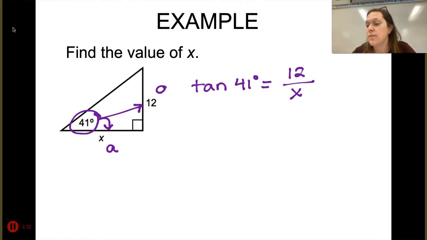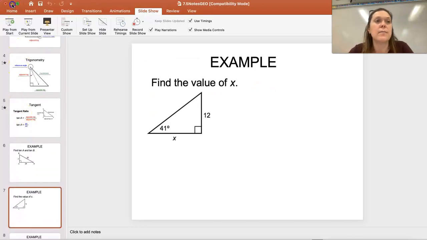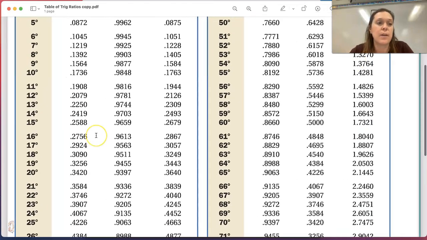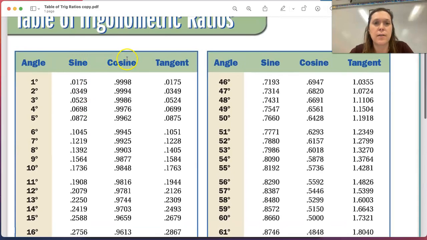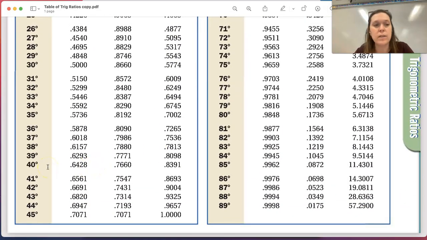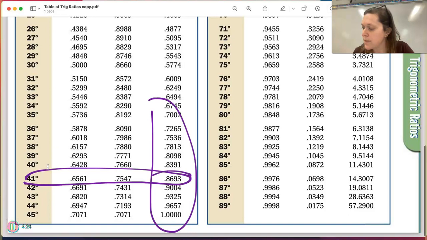Now that tangent of 41 degrees, what is that? Well, we've got some options. We had our table, remember our table here? I could find where 41 degrees is, and there's sine, cosine, tangent, so far right column. I'm going to find my 41 degrees right here, and then tangent is over here. The intersection is at 0.8693.